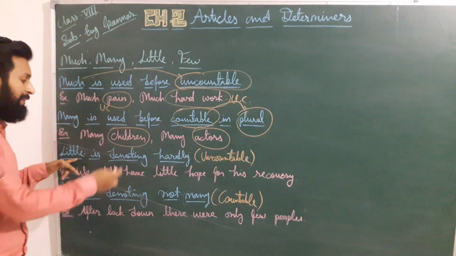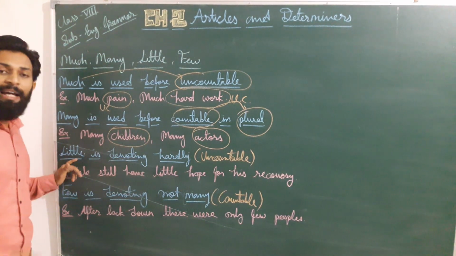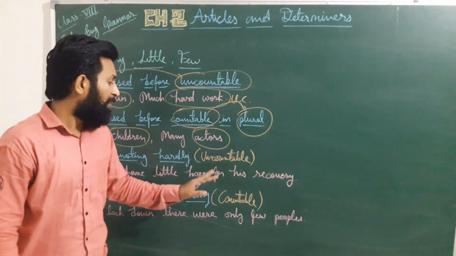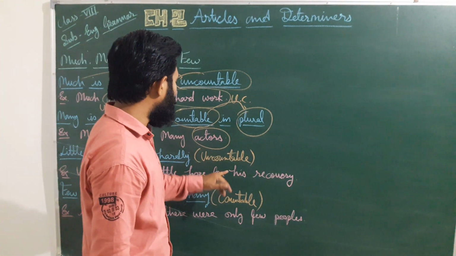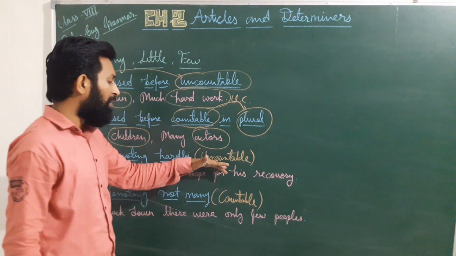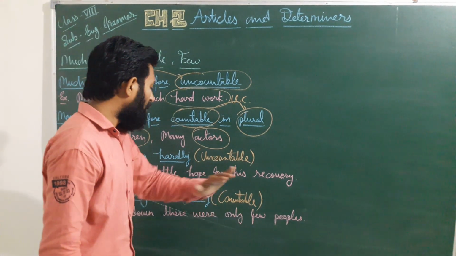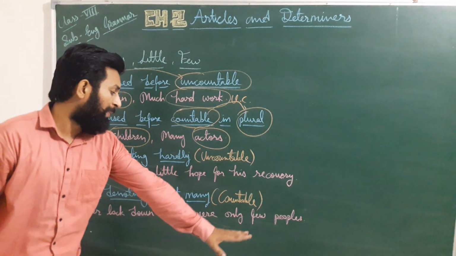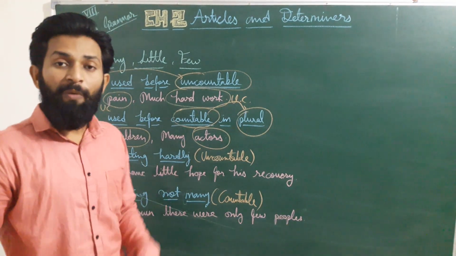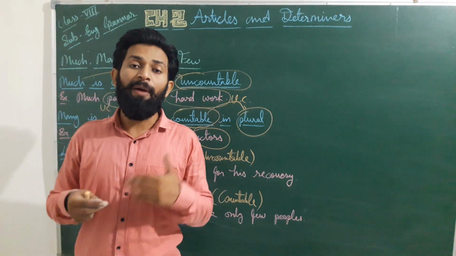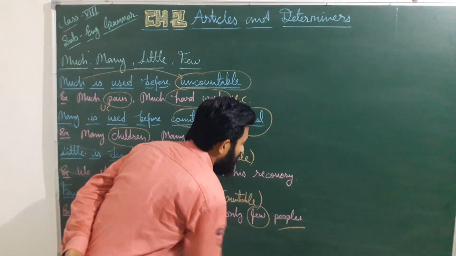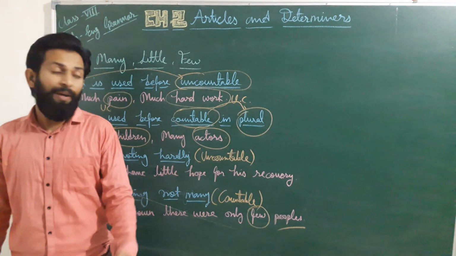Little is also giving the same sense, hardly, means negative sense, and few is also giving negative sense, means not many. But the main difference between both of them is that little is used before uncountable nouns and few is used before countable nouns. Like after lockdown there were only few people, means after the lockdown happened, we can watch only few people on the road. People are countable, we can count them 1 2 3 4 5 6 7 8.